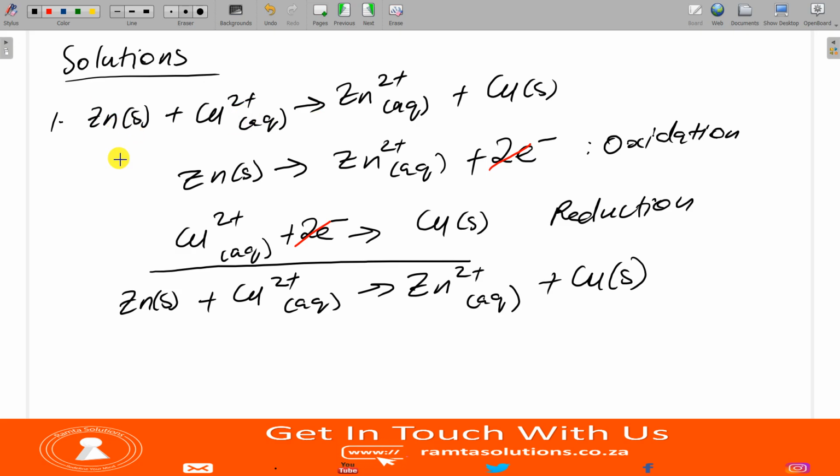Now these equations, as you can see, are balanced. For this one, I just wanted us to get the oxidation and reduction half reactions. The elements are balanced and the charges are also balanced. So we did not need to balance it in any way, but we had to give the half reactions.